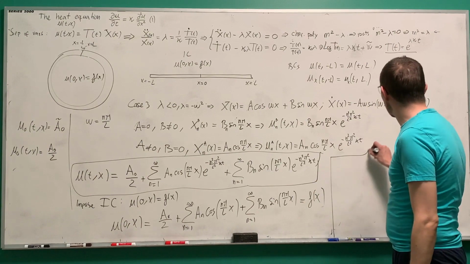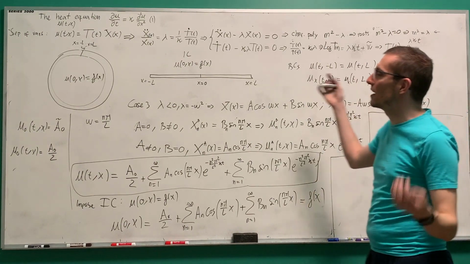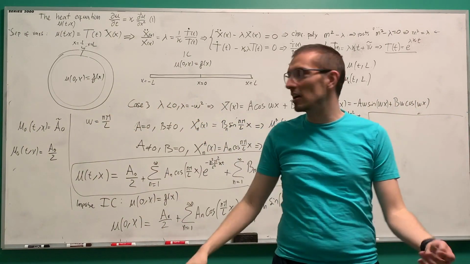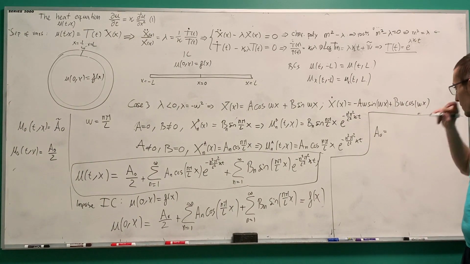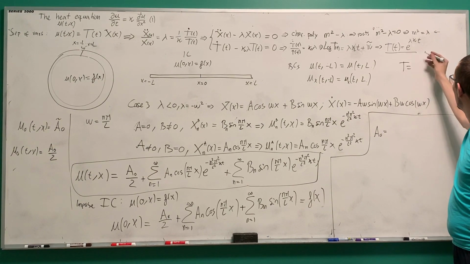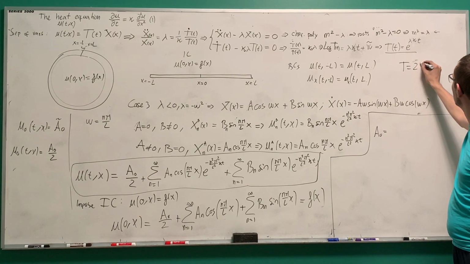So to find them, well, in an exercise, f of x would be something concrete. In general, well, we know what it is. a_0 is equal, so again, the period is 2L, okay?